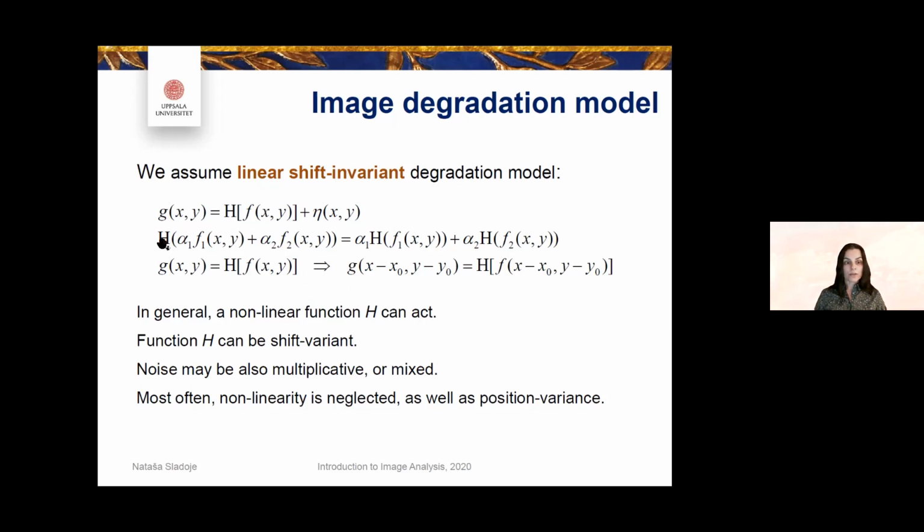The assumptions that we have are on linearity. So this simply says that H is a linear function, and this is its connection and how it acts on a linear combination. We know what linearity means. And then the other one is on shift invariance.